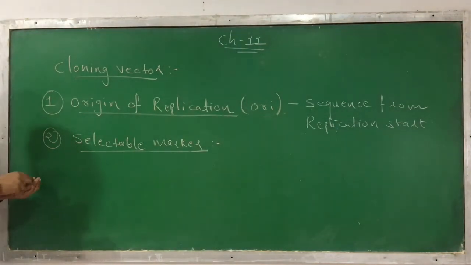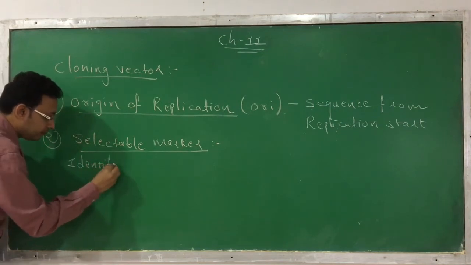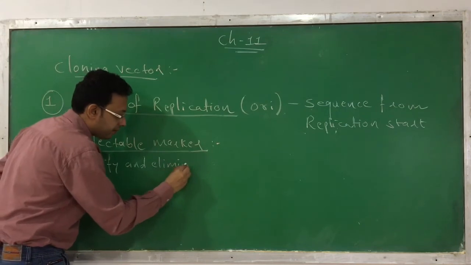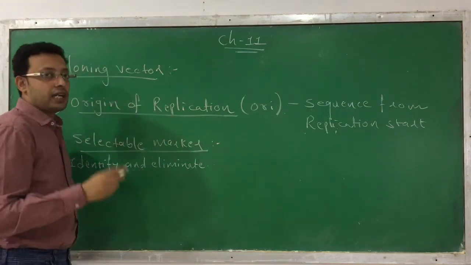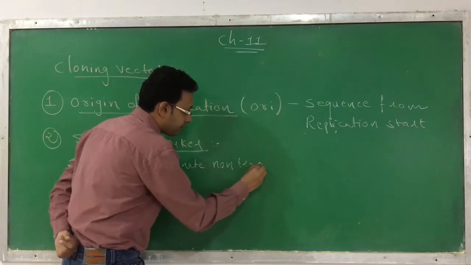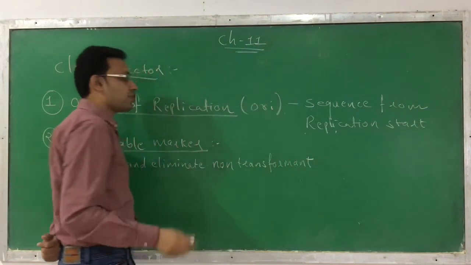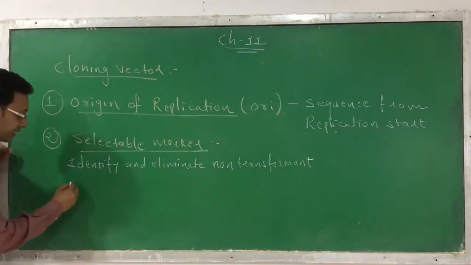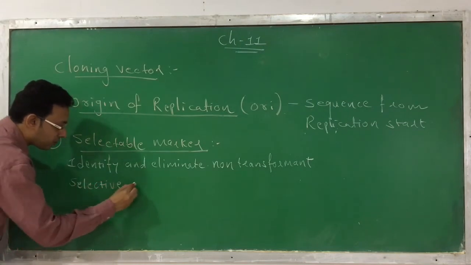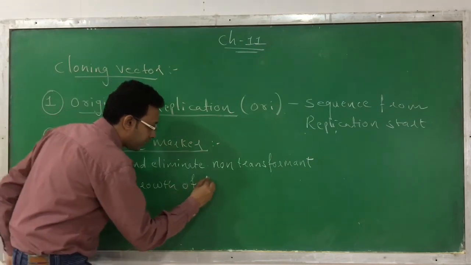Selectable markers are used to identify and eliminate non-transformants. Non-transformant means the bacteria in which the change has not been done.